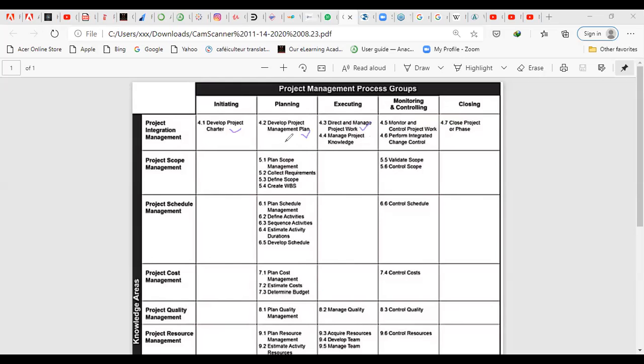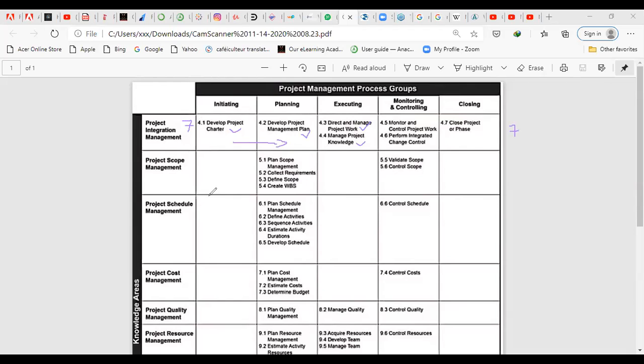These processes moving across here fall under project integration management. If we count them, let me put 7 by this. So there are 7 processes within integration management.